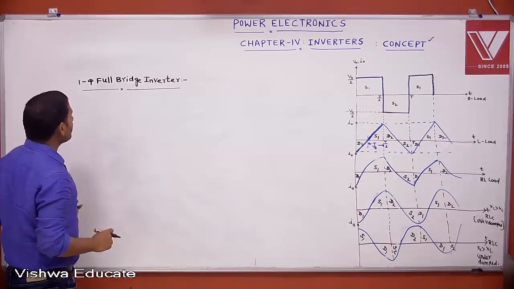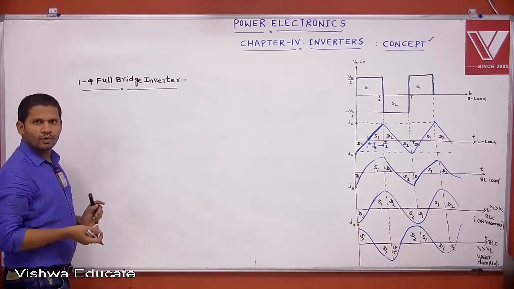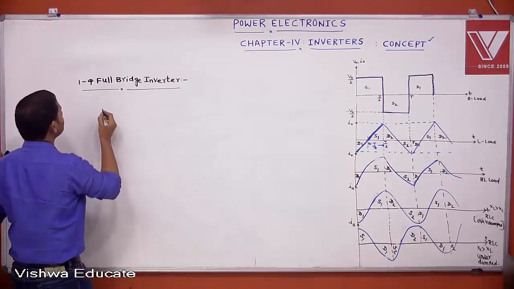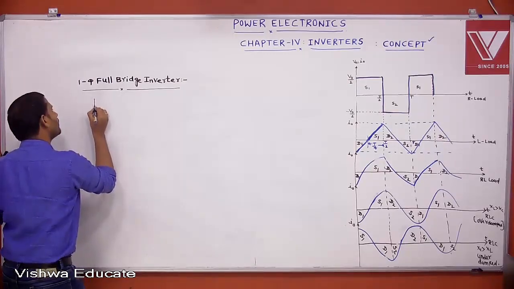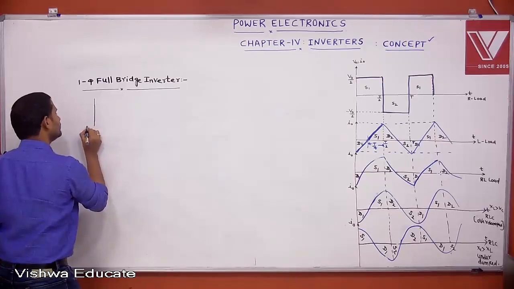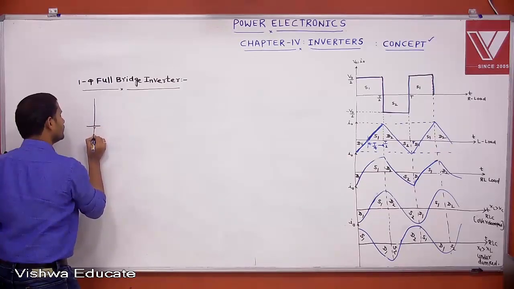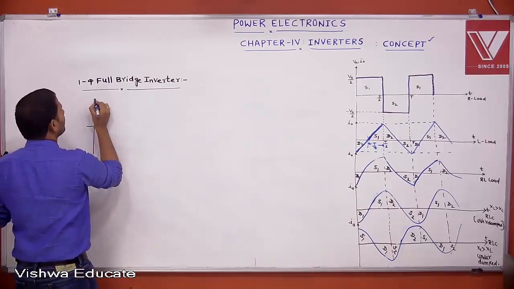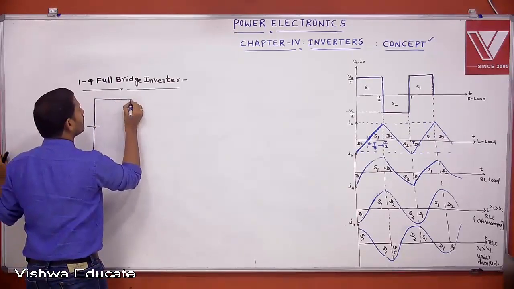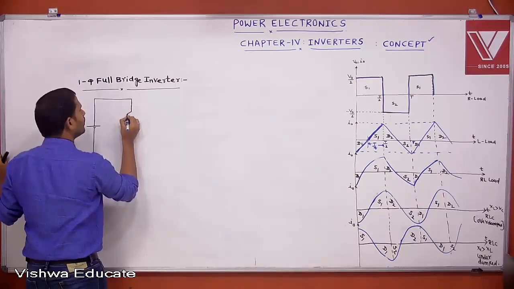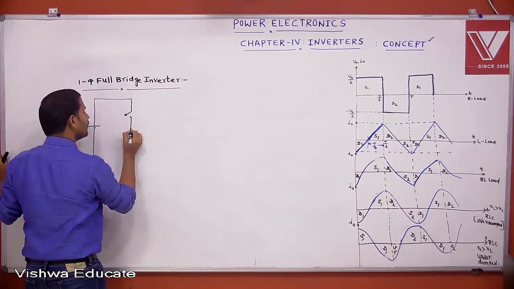First, we'll see what is the configuration of this full bridge inverter circuit. Having 4 switches and 4 diodes.